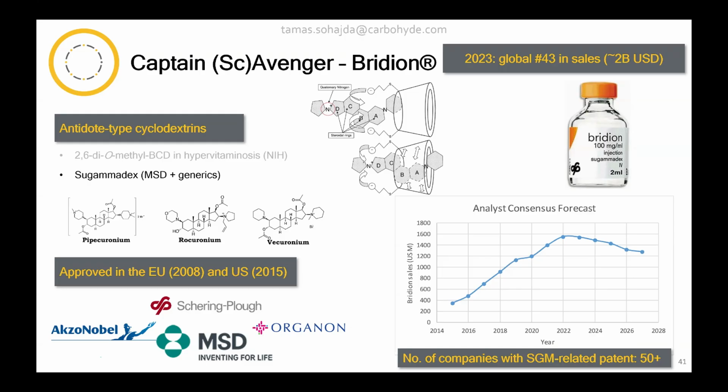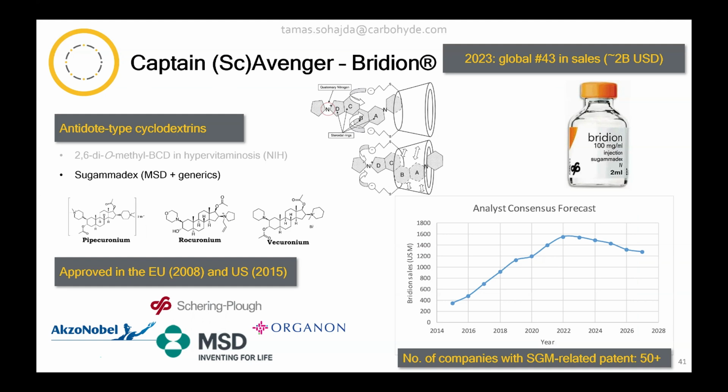It's complexing the API and eliminates it from the body, and it can be done by modifying the cyclodextrin, so not just the complexation effect, but also the ionic effect of the negatively charged cyclodextrin and the positively charged API play a role in this effect, and this complex is very strong, so it will not dissociate, and will be eliminated from the body.